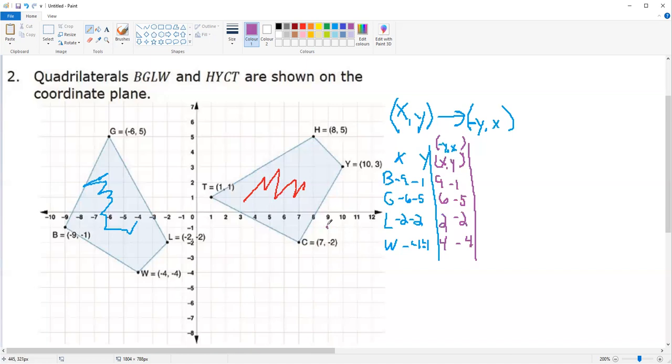That one goes there. 9, -1, 6, -5. I don't know what these ones are supposed to go to yet. 2 and -2. And then 4 and -4.